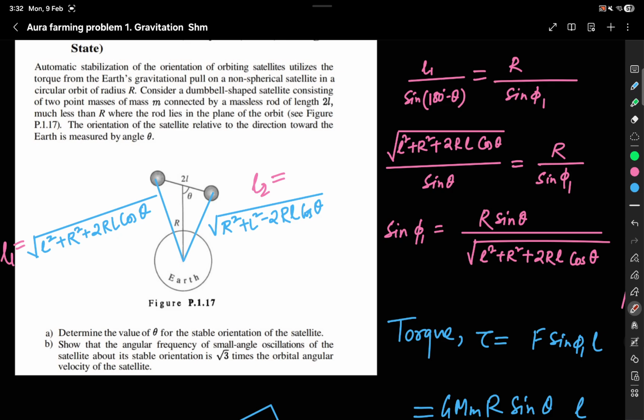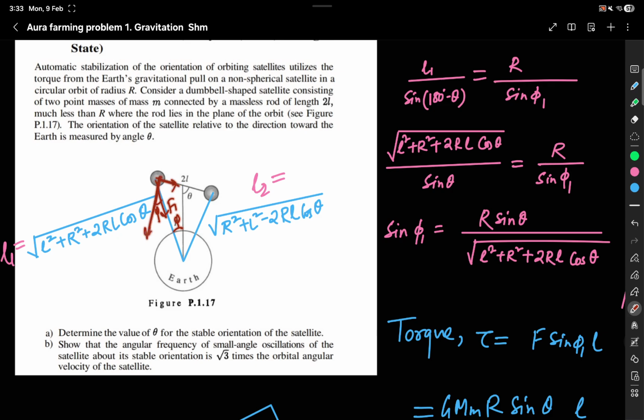Now let's assume it will be attracted towards this one and it will be attracted toward this one. The forces will not be equal, they will be F1 and F2. The masses are equal but the forces will not be equal, as F is equal to GMm by r squared, so r is playing a vital role. For this one, if I say this is F1, and this angle is phi, this one will also be phi.